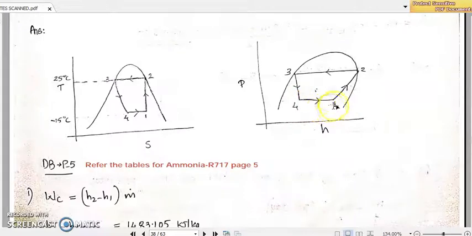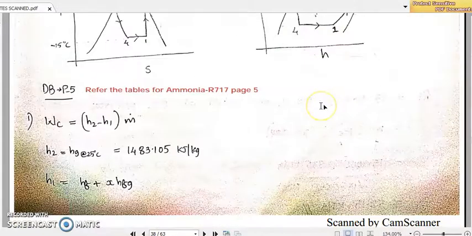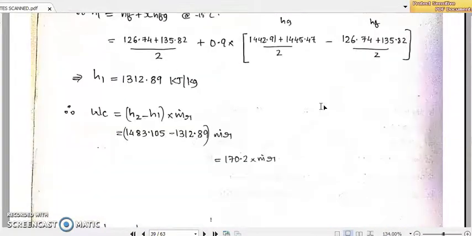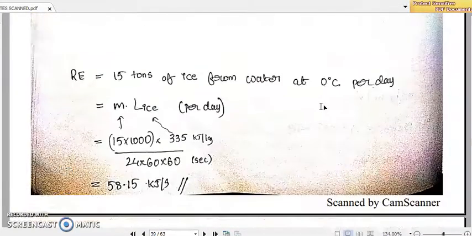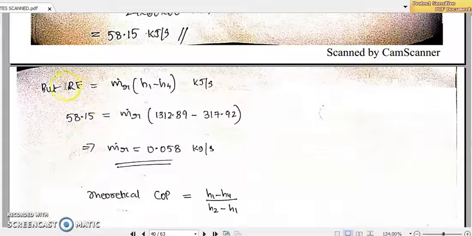So H1 minus H4 times the mass flow rate of the refrigerant will be the total refrigeration effect, and that is what we have found out just now.